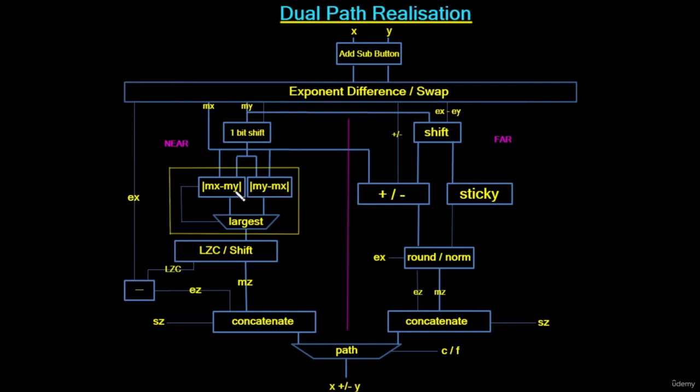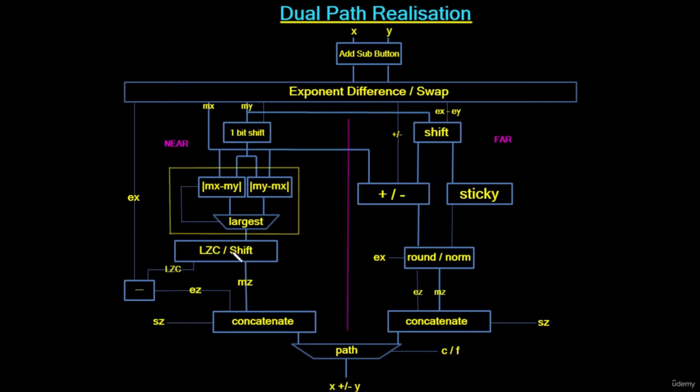But we said previously we want to subtract and ensure that we actually get a positive result, because the positive result in 2's complement is going to be the same as just a normal binary number. So we test the mantissa for x minus mantissa for y and mantissa for y minus mantissa for x, and depending on which one is positive, it will pass that through via this multiplexer.